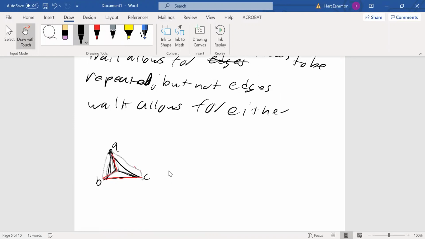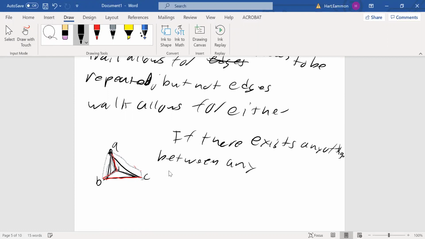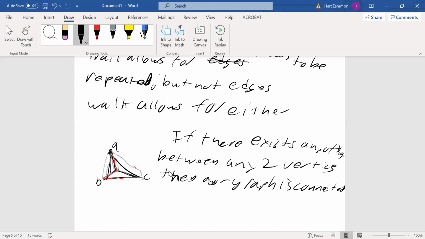But if there exists any of these between any two vertices, then our graph is connected. If not, then it's disconnected.